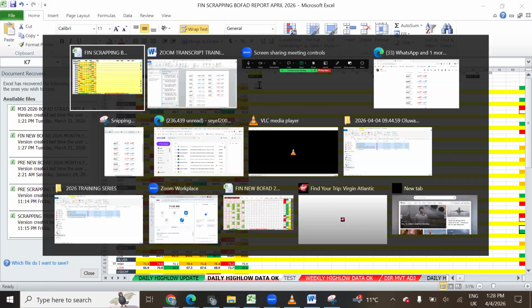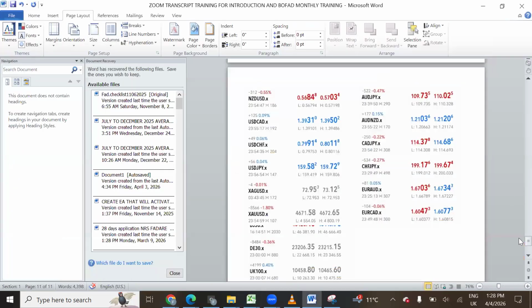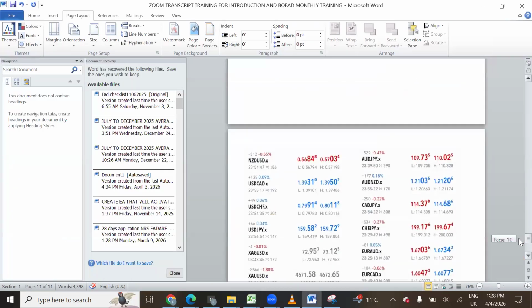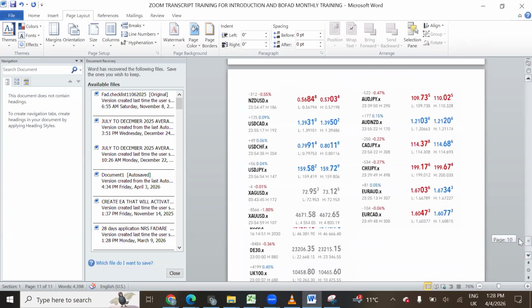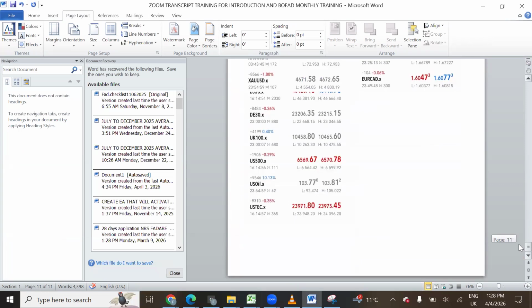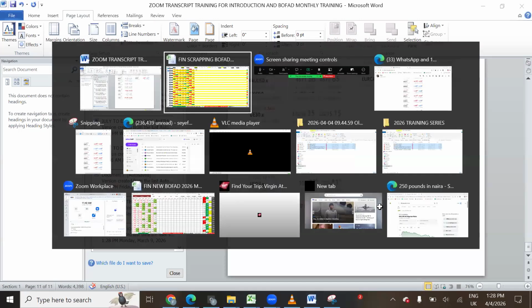So for AUDUSD, let me see if I have it on my report here. Okay, I don't have it, so let me get it there. The next one is oil and DAX. So I think I have oil here, US oil. You can see 105.1 and 92.4.